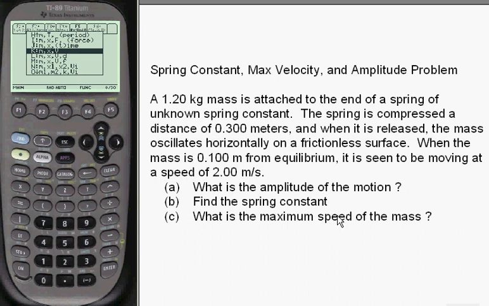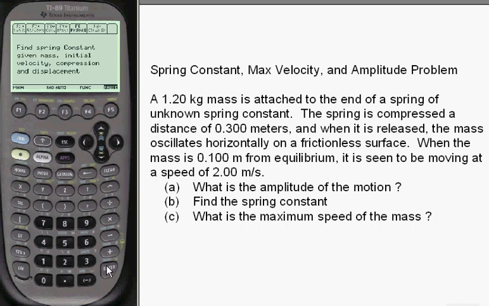So anyways, we scroll down to what's given. Here's M, X, V, and D. Press enter. And we're finding a spring constant given the mass, initial velocity, compression, and displacement. Going to enter the mass, you have to press alpha first before you enter anything.